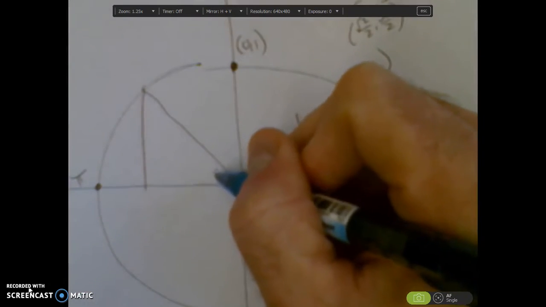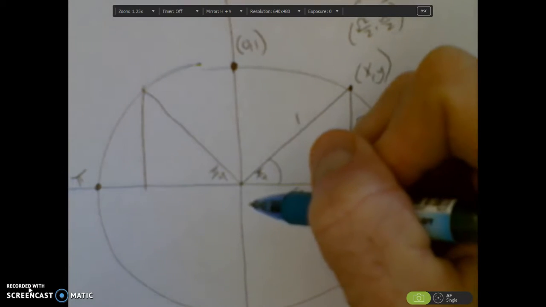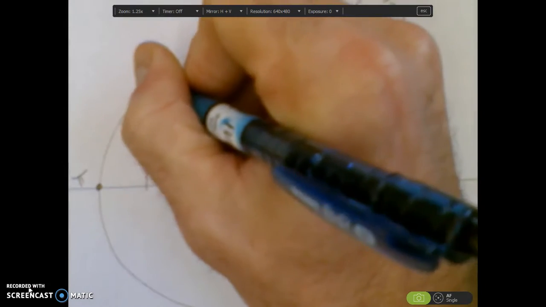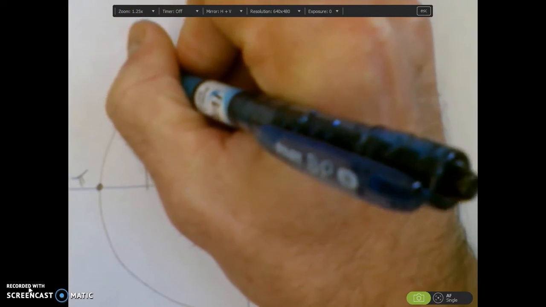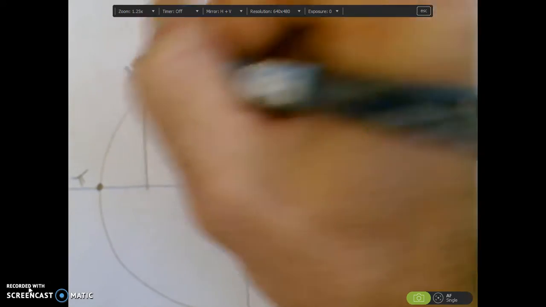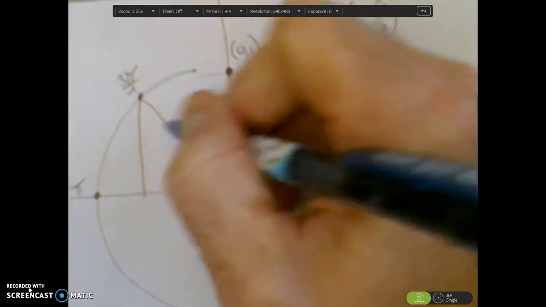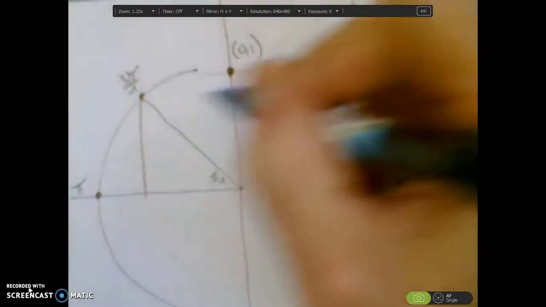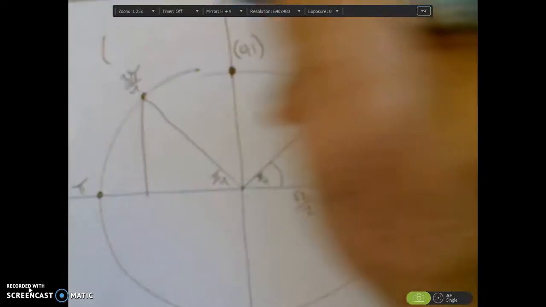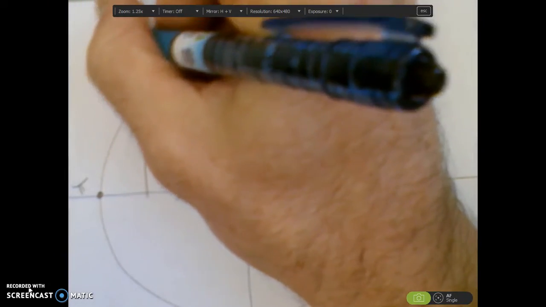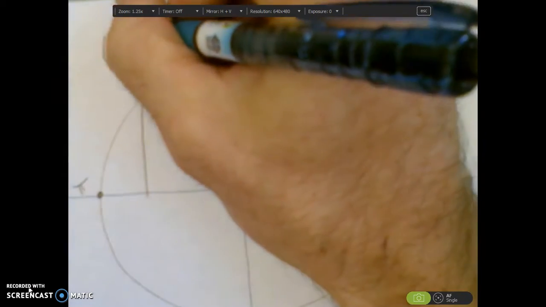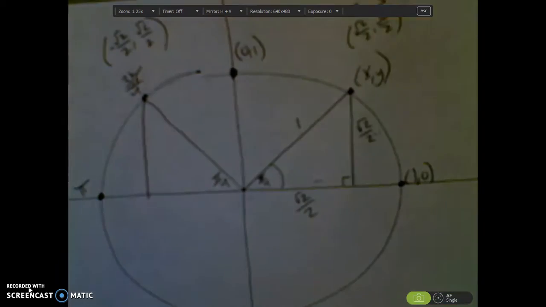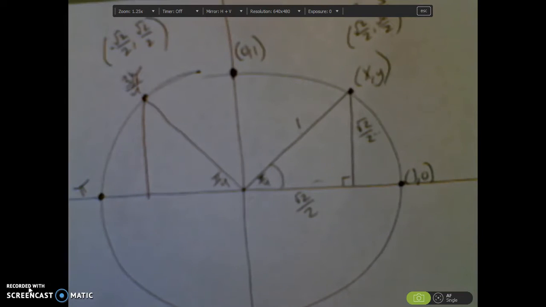And if I know this reference angle is pi fourths, then I know that this would be 3 pi fourths. Now that point is symmetrical to that point. The y-coordinate is the same, it's on the same horizontal plane, but the x-coordinate is just going to be the opposite. So the x-coordinate is negative, the y-coordinate is still positive.